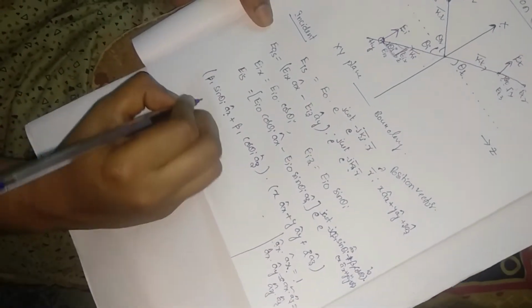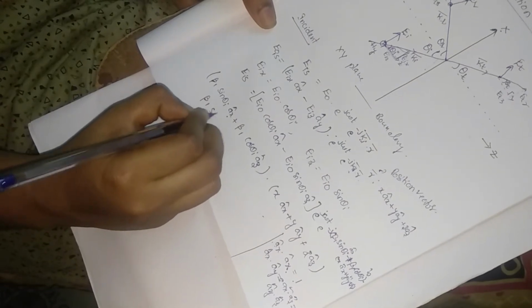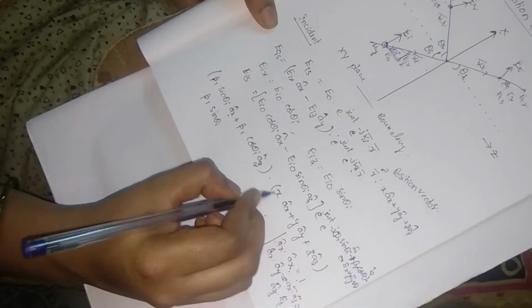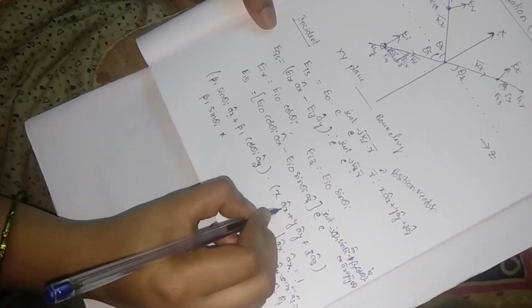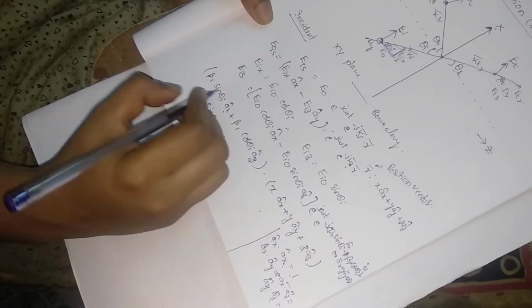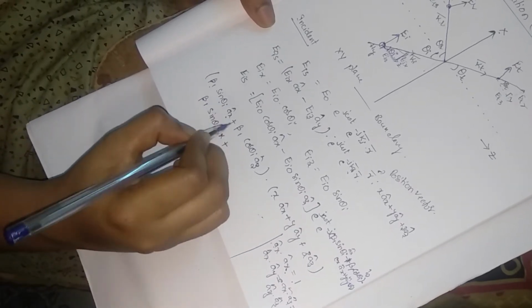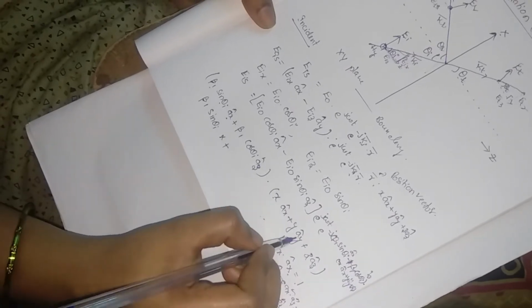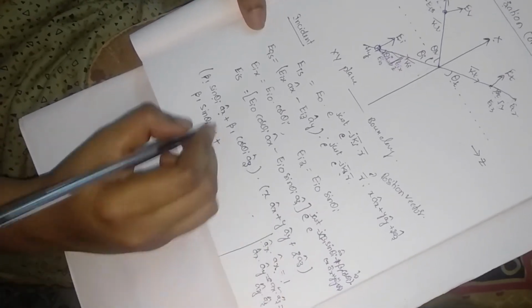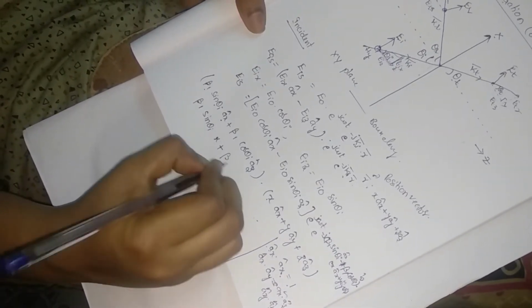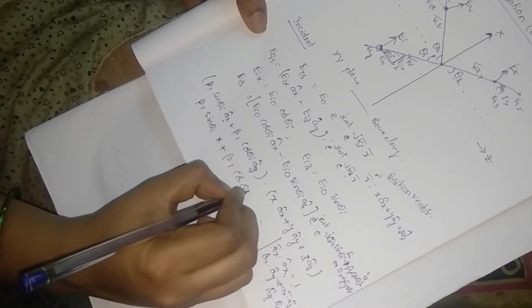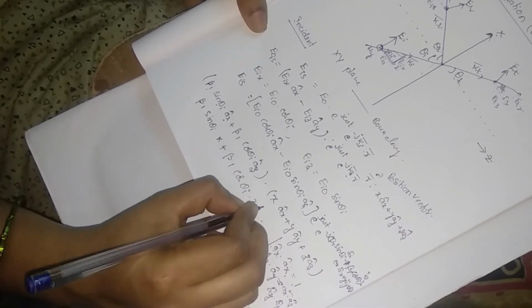So from this we finally get beta 1 sin theta i into x, since ax dot ax is 1, plus beta 1 sin theta i into y, with ax dot ay being 0. If you perform like that, finally you will get beta 1 cos theta i into z.